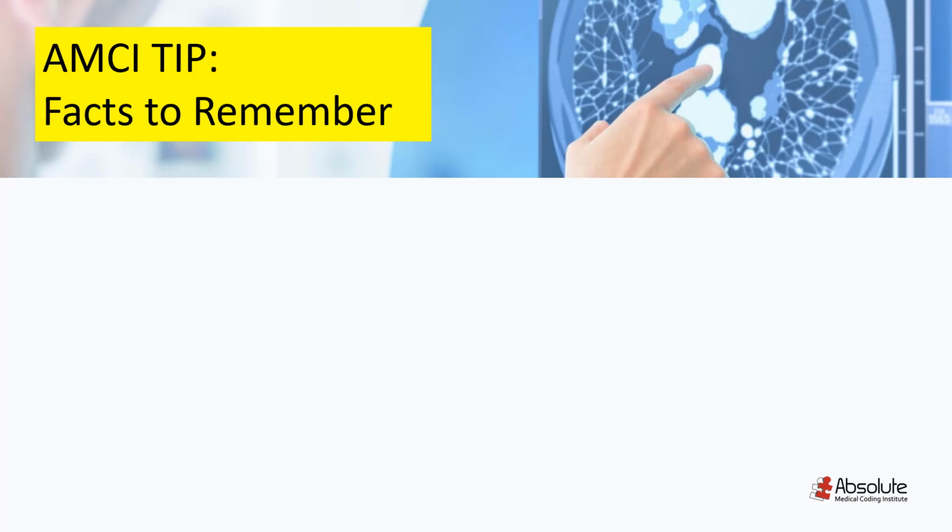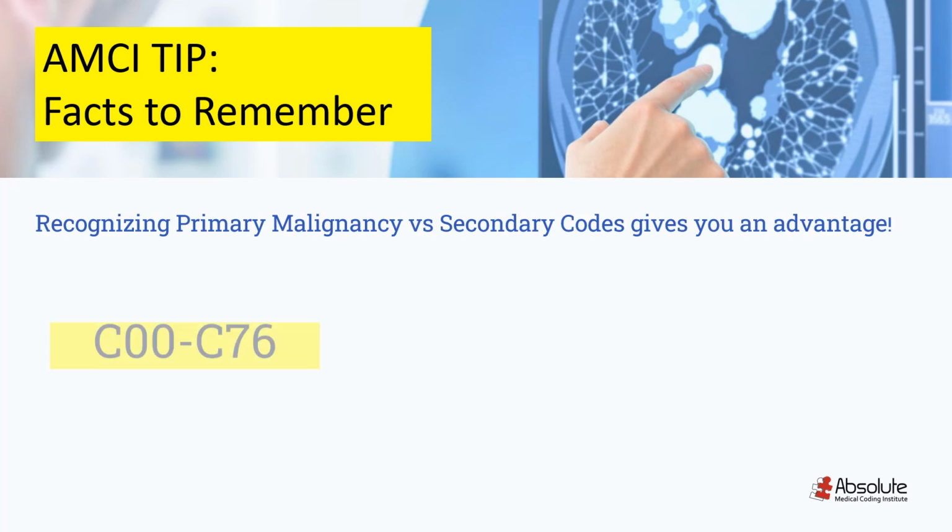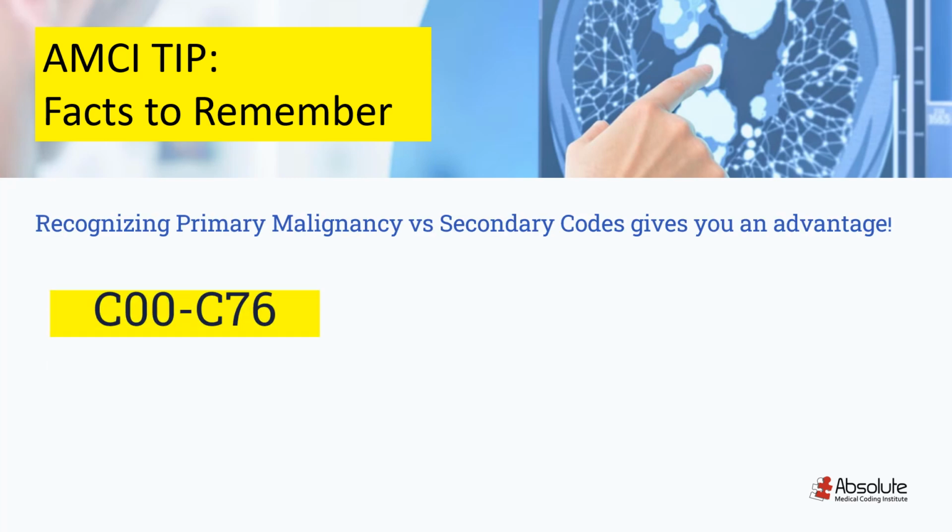All right, so here's a tip that I tell my students. It's important to recognize these codes on sight. Not all of them, but the code series. If you see C00 through C76 on sight, my students know that this is primary cancer because they've learned it.